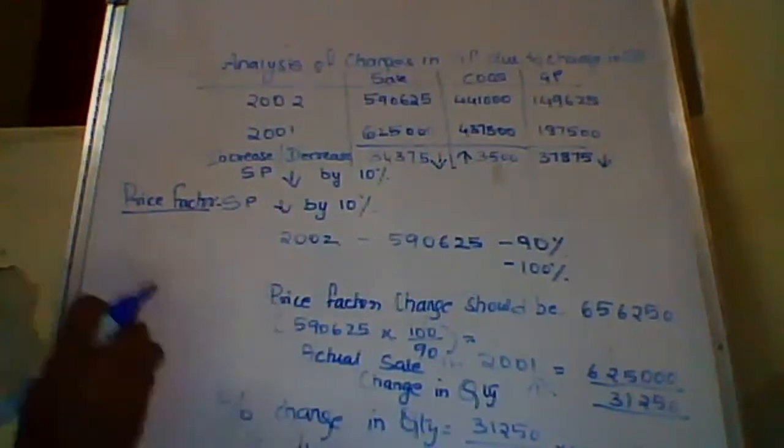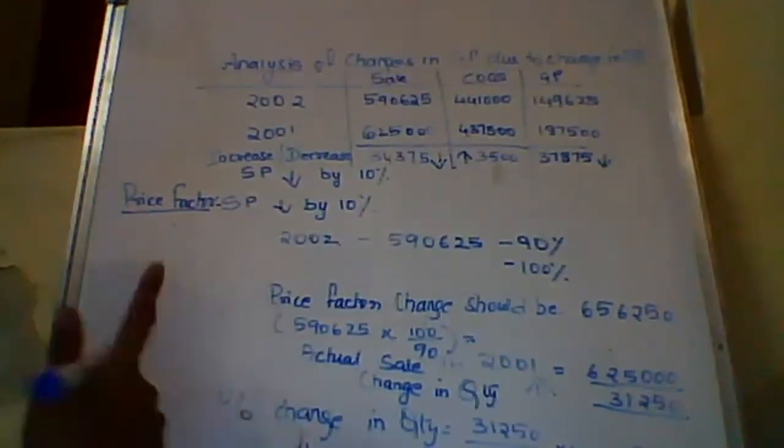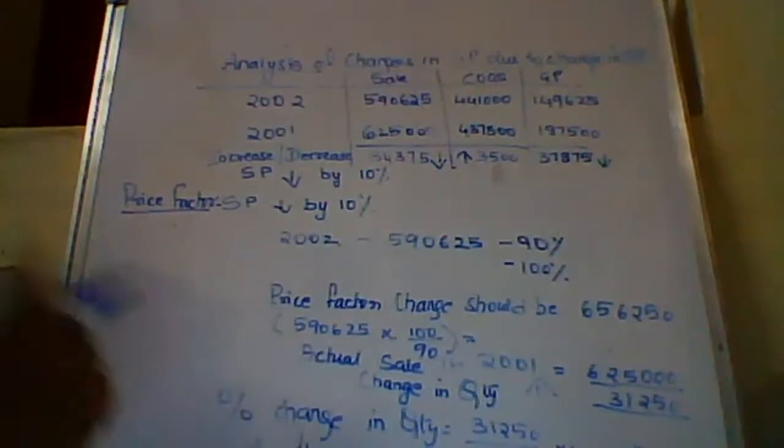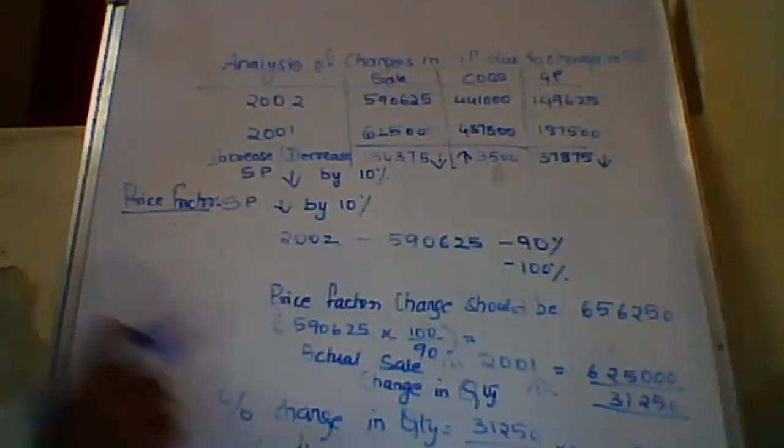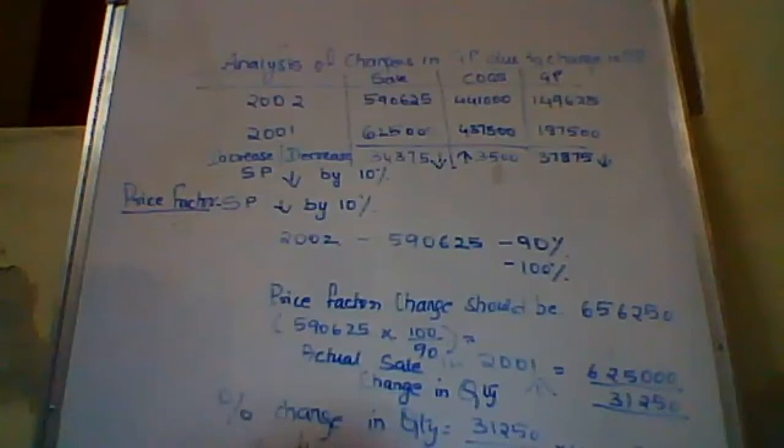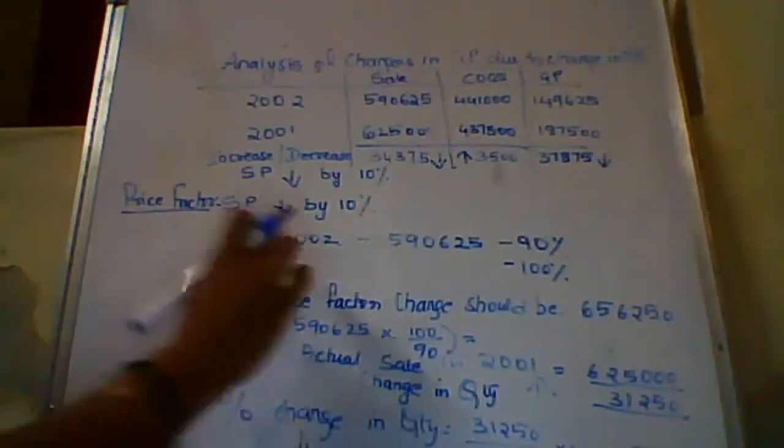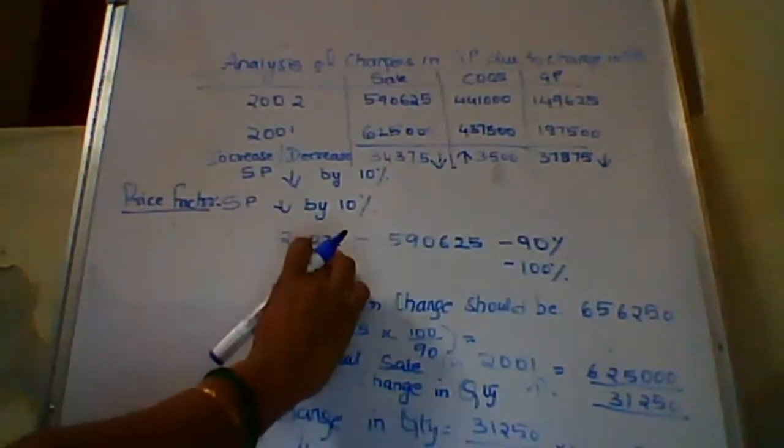Now remember, when you are doing that final statement, you will always do it on the current year. But in calculation, if you remember yesterday's problem also, in calculation, current year will be taken.